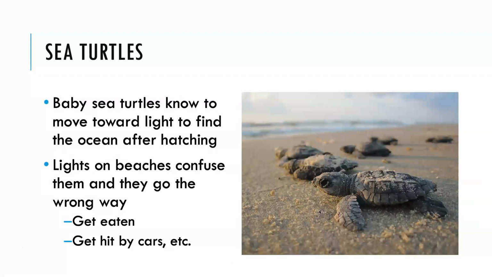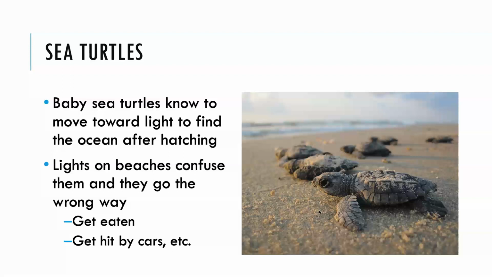Baby sea turtles are laid on beaches, and their mom lays their eggs and then moves on. She does not do any parental care. When they hatch, they look for light, because light should be reflecting off the ocean from the moon, and that's how they know which way to move after they hatch, because there is no mom there to tell them where to go or to follow. And when there are lights on the beaches, it confuses them about which way to go, and they go away from the water instead of towards it.